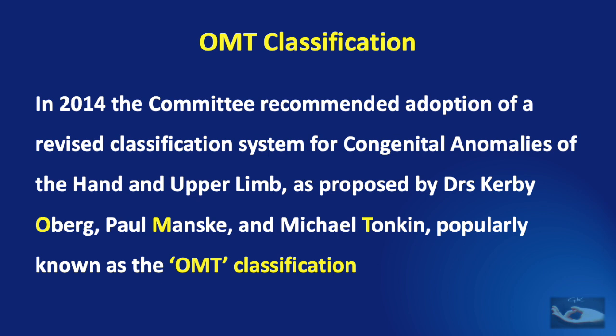In 2014, the committee recommended adoption of a revised classification system for congenital anomalies of the hand and upper limb, as proposed by Drs. Kirby Oberg, Paul Manske, and Michael Tonkin, popularly known as the OMT classification.